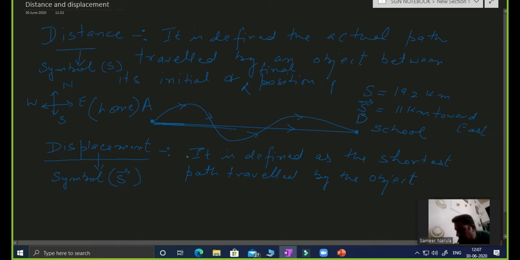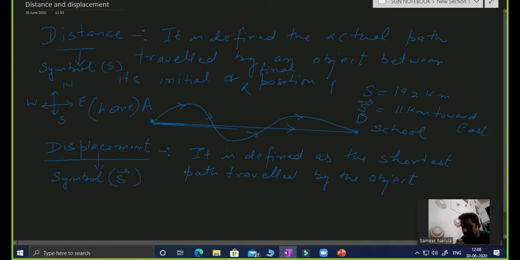Okay, so that is the basic difference between distance and displacement. Distance itself is a scalar quantity and is the actual path traveled by an object. Whereas displacement is nothing else than the shortest distance between the two positions, initial and final position of the object, and the shortest distance is called displacement.